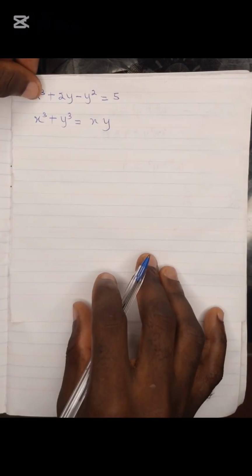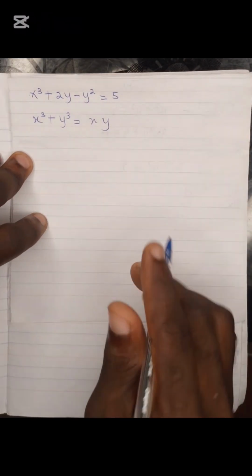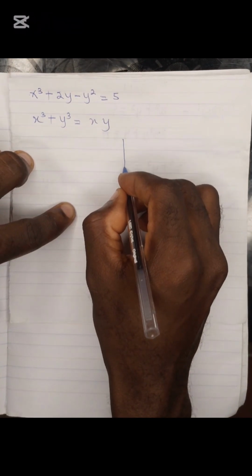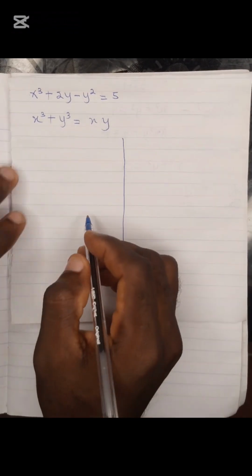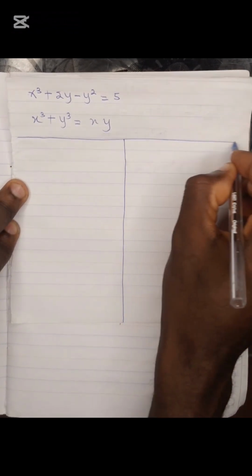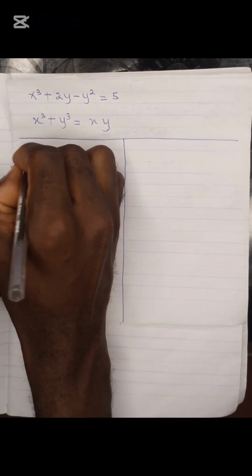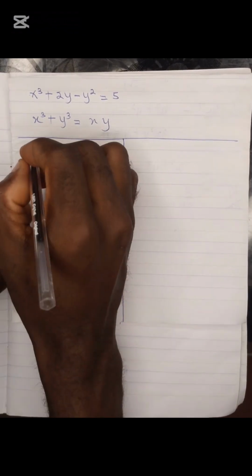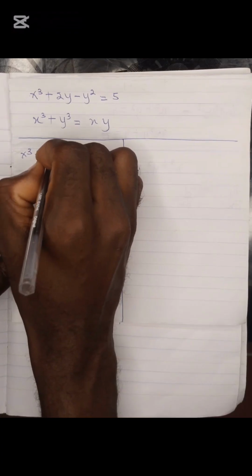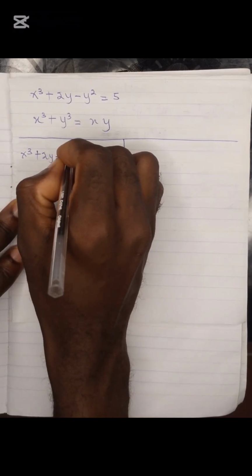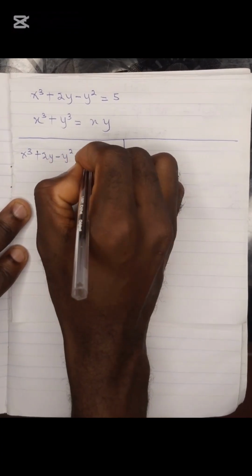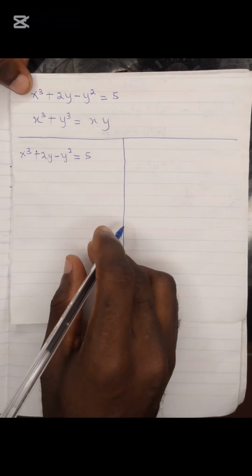Now, let's talk about these 2 examples. So, starting from the first one. The first one is x cubed plus 2y minus y squared is equal to 5.